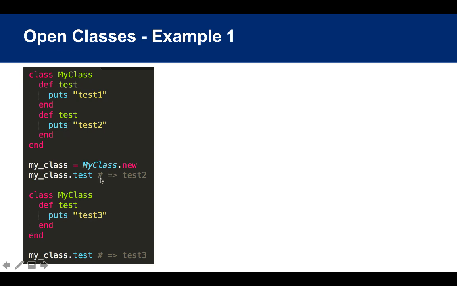And then let's say somewhere later on in the program, you bring in a class with the same name, myClass, that has yet a third method definition called test3. That becomes the new definition of the test method, and the first two are completely gone.